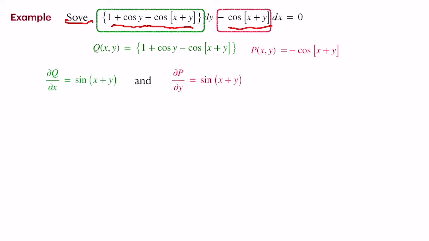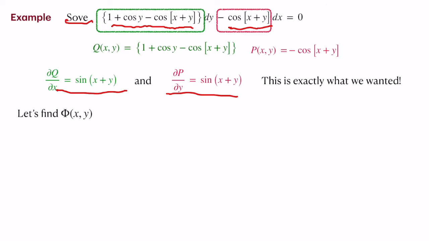Now we check whether it satisfies the condition to be an exact differential equation. That is, dq by dx is equal to sine of x plus y, and we also have dp by dy is equal to sine of x plus y. These two are essentially the same, and it does satisfy the condition for an exact differential equation. So we can solve this.